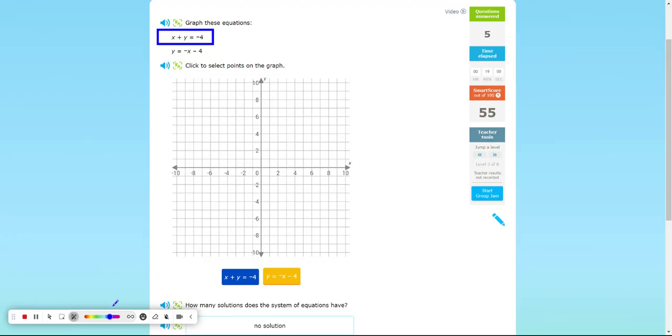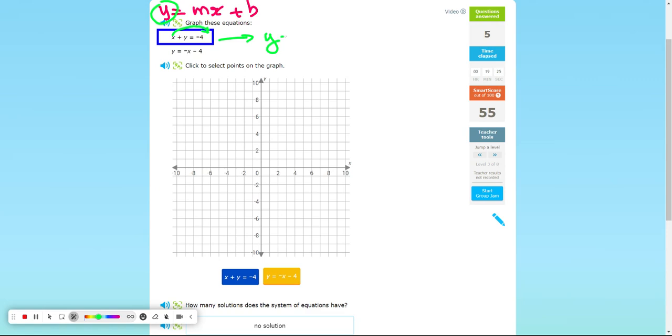Slope intercept form again is y equal mx plus b. It's not quite in that form because you need to have only y on the left side. Let's take care of it. I want to solve this equation for y on the left side. So I don't want the x, I move the x to the right side.